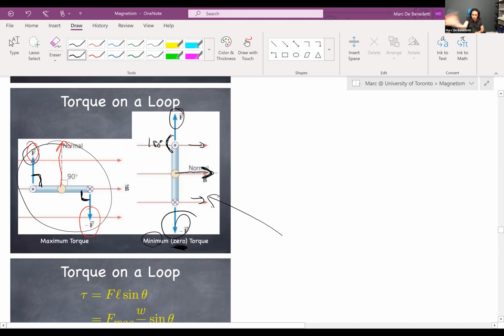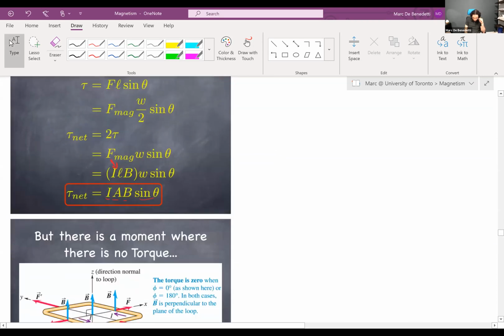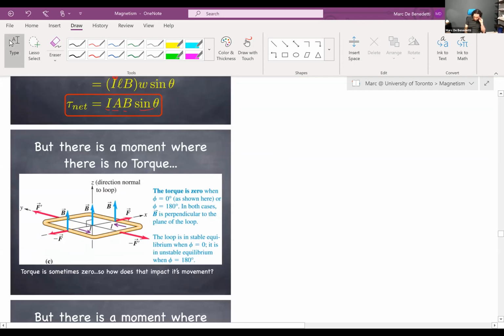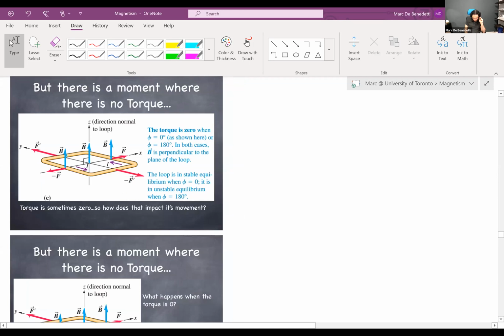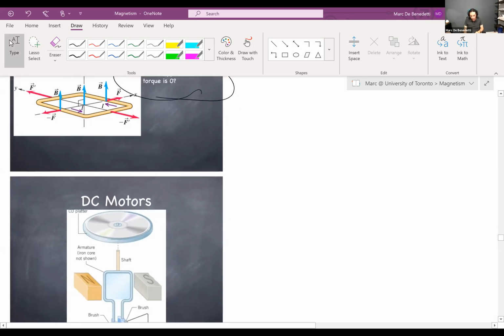And as soon as it passes the equilibrium point, all of a sudden there will be a non-zero torque again, and that will keep it going. Okay, I think that's mostly what I was saying here. What happens when there's zero torque? Inertia, the speed carries it through.